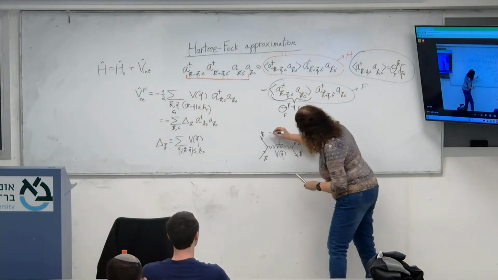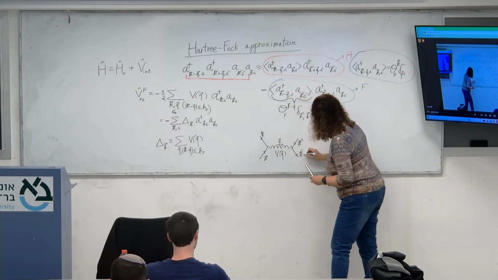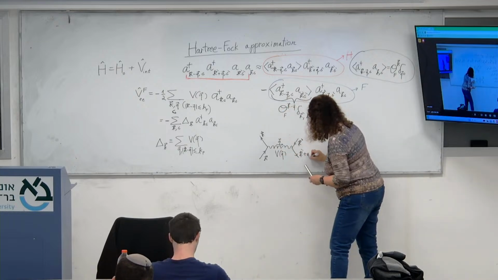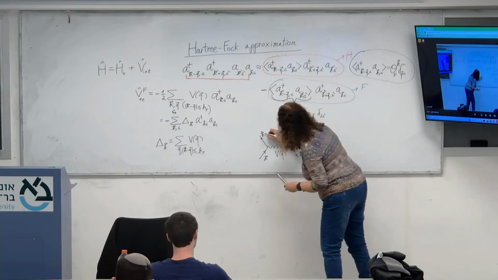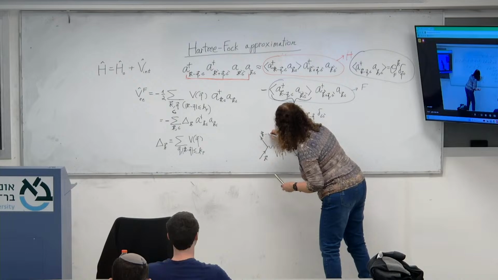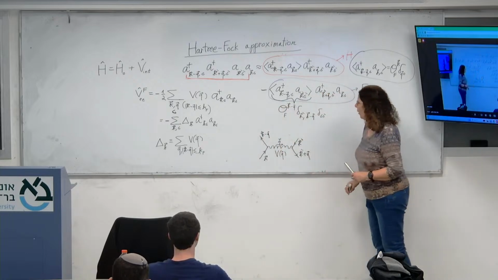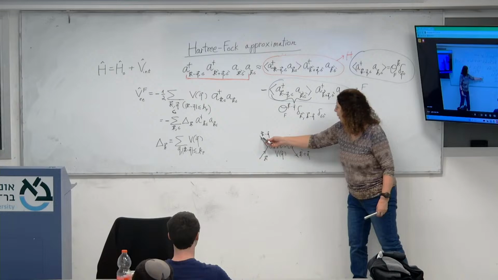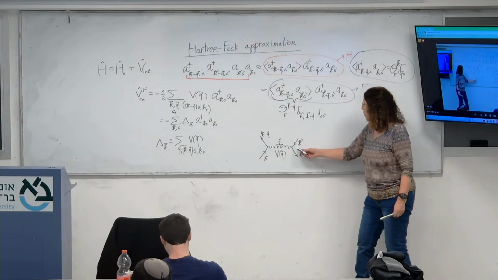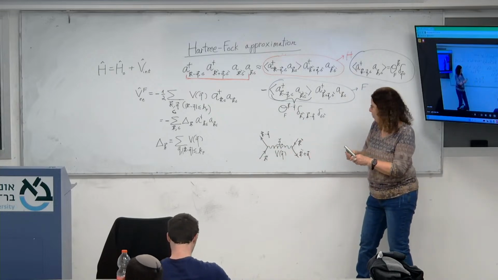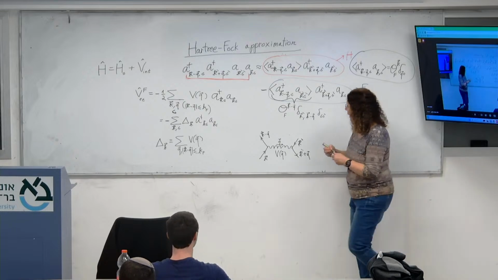So now we have k, this is k plus q, and this is minus q. This was the original one. So, okay, so again, it's k going to k minus q, k prime, k prime plus q, but I'm tying the lines.